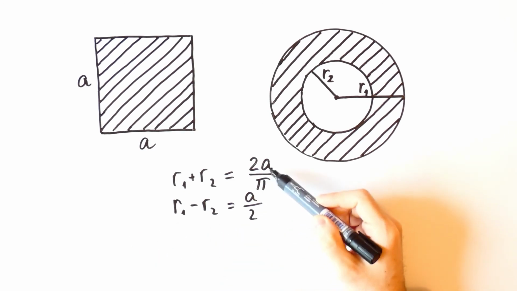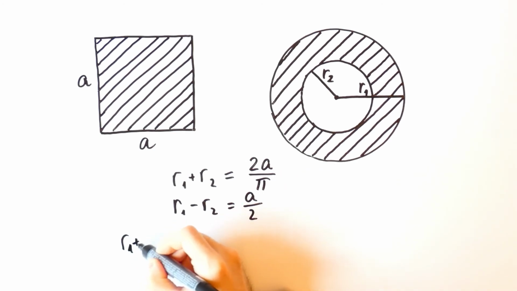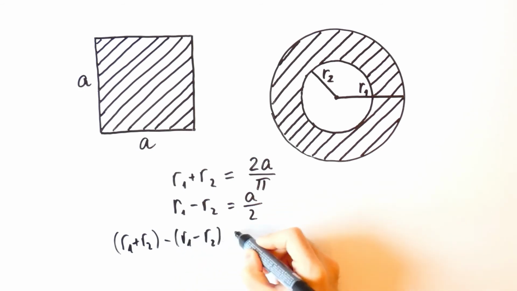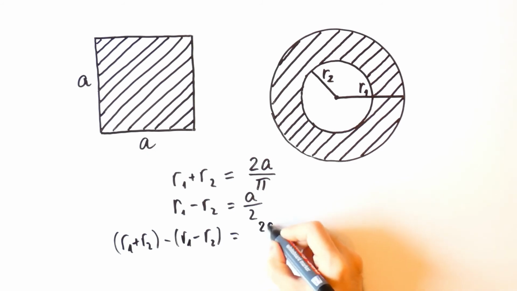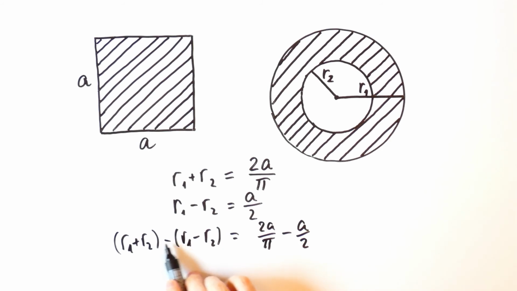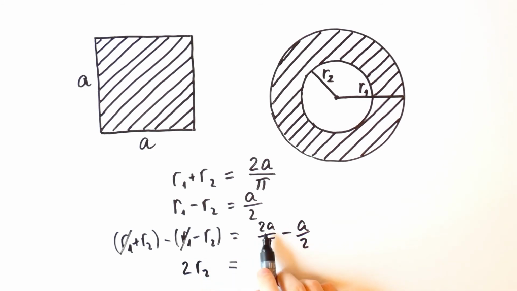If instead of adding these expressions, we subtract the second from the first, we get that r1 plus r2 minus r1 minus r2 is equal to 2a over pi minus a over 2. But here, since we have minus, r1 and r1 cancel out, and this minus and minus turn into plus, so we have r2 plus r2, which is 2 times r2, and that is equal to 2a over pi minus a over 2.